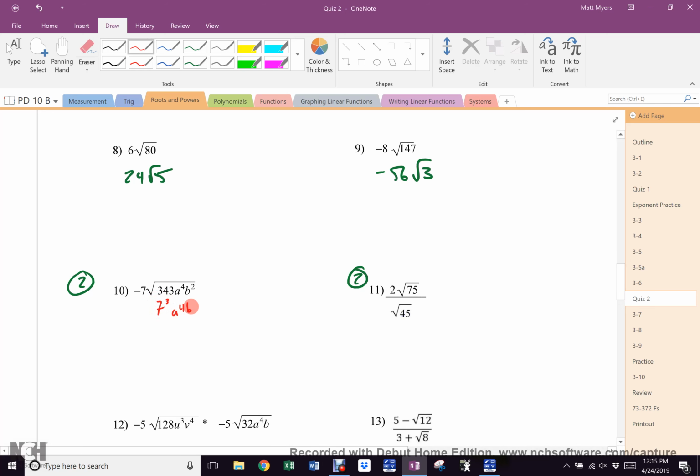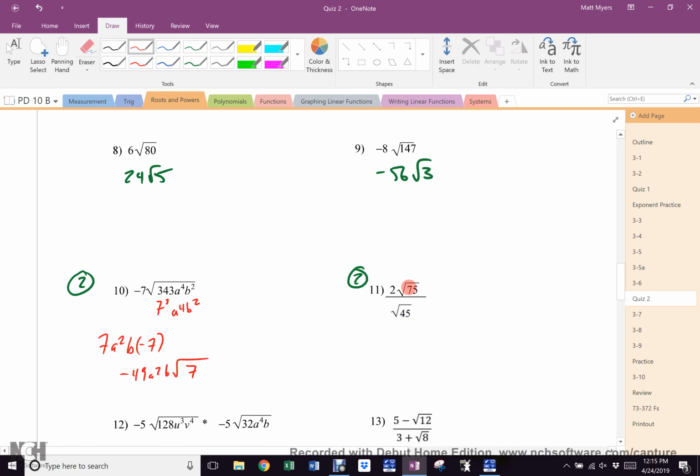A to the 4th b squared. How many groups of 2 can I get out of there? 1, 7. How many groups of 2 can I get out of there? 2. How many groups of 2? 1. And there was already a negative 7 out there to get negative 49 a squared b. What did I leave under there? 7. Under where? Under there.